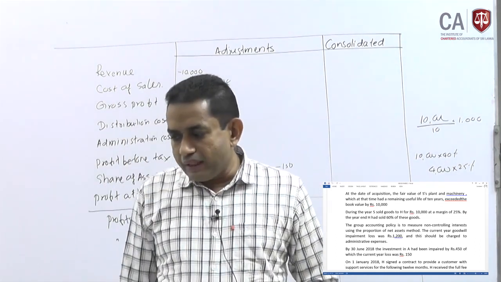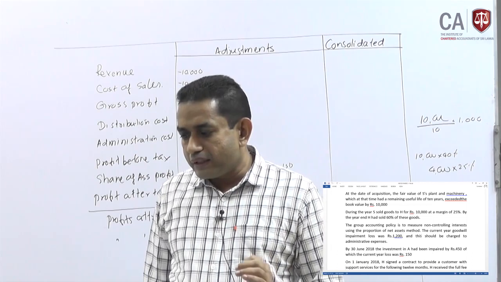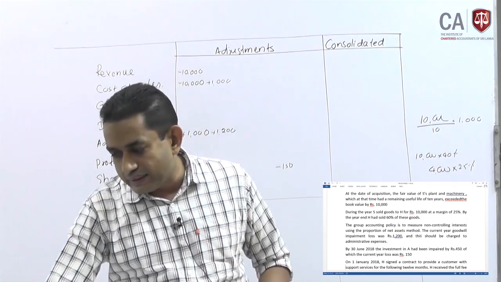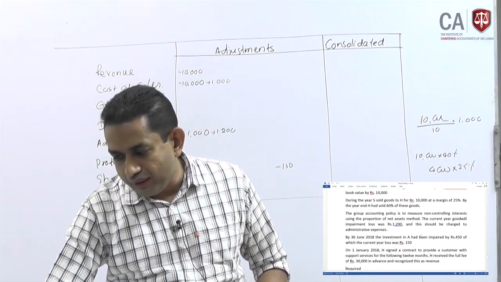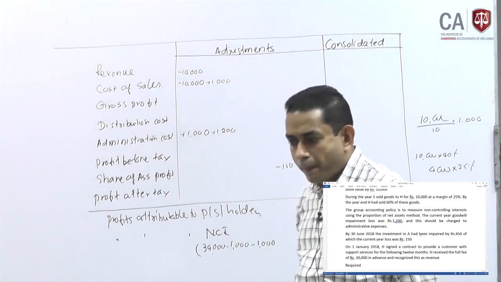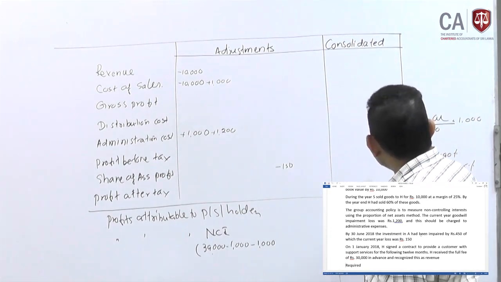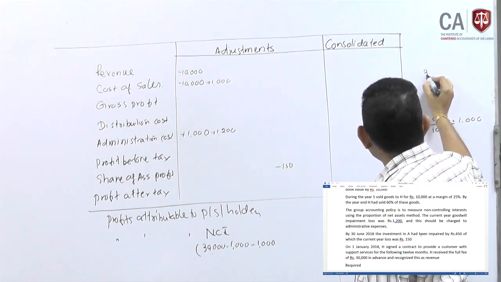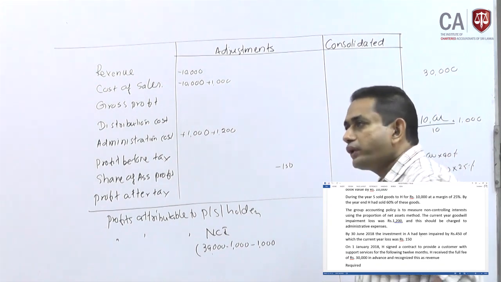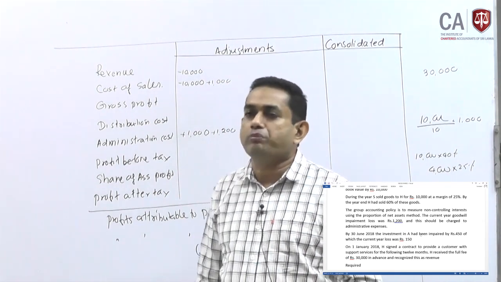Parent company has entered into a contract to provide a customer with support services for the following 12 months. H received the full fee of 30,000 in advance and recognized this as revenue. The support services are over 1 year's time with a total fee of 30,000. So, you need to look at it from the SLFRS 15 viewpoint.